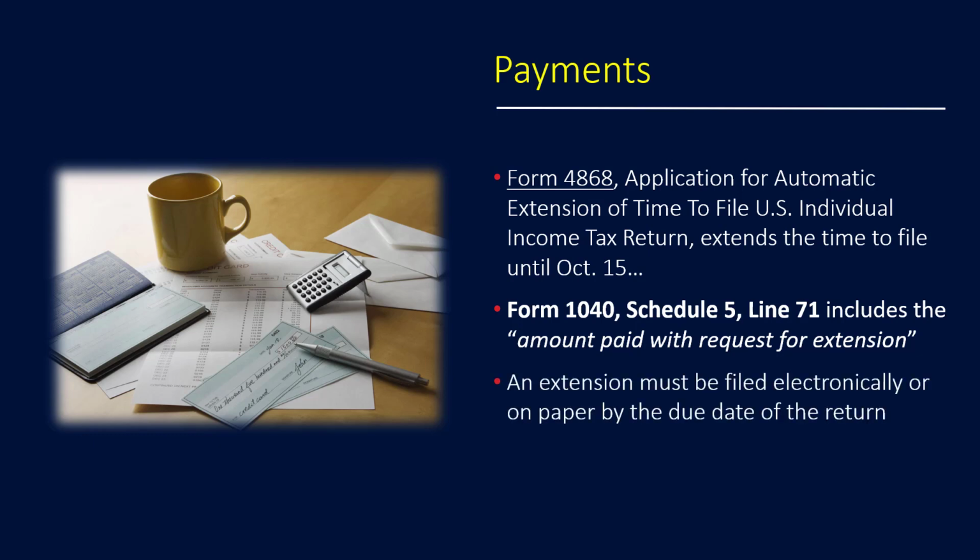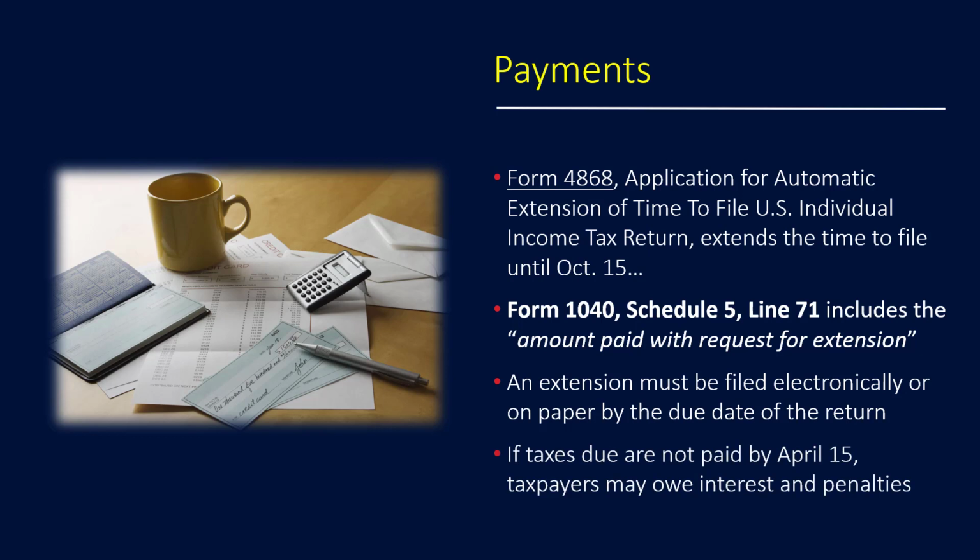An extension must be filed electronically or on paper by the due date of the return. If taxes due aren't paid by April the 15th, typically that's the last day of filing season, taxpayers may owe interest and penalties.